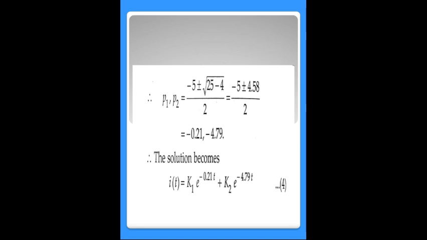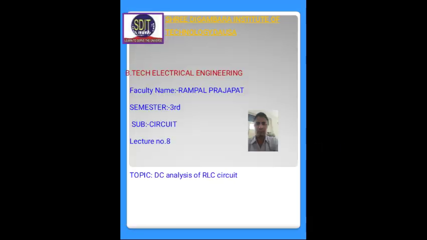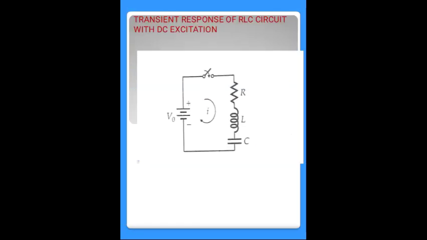Now we take a simple revision. Dear students, in the given circuit there are three elements R, L and C connected with a DC source of V volt with a switch. Initially it is considered that the capacitor is discharged and the switch is open.